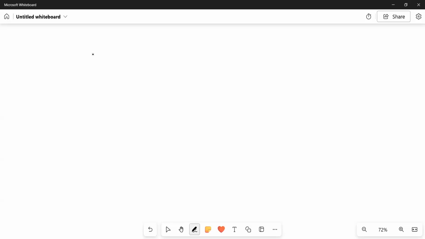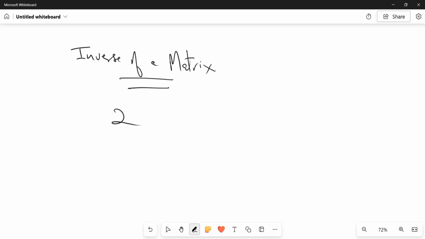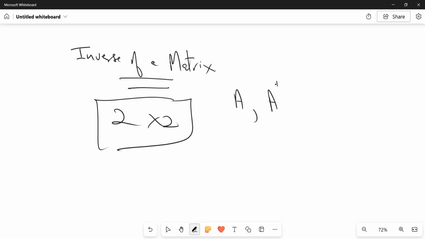We also, I mentioned to you, we're going to do something called the inverse of a matrix, right? And we are going to stick with a 2 by 2 matrix. What the inverse of a matrix really is: if A is a matrix, and A inverse, or A to the minus 1, is the inverse of A, then you will find that A times A inverse is equal to what we refer to as the unit matrix.